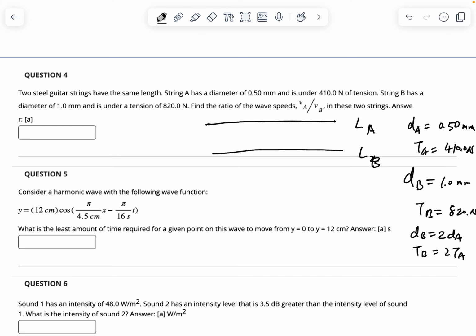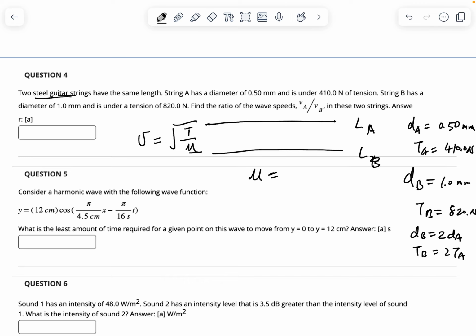Find the ratio of the speed, right? So we know speed of the wave v equal to square root of tension over linear mass. Okay, you see steel guitar, same material, right? So what's linear mass?